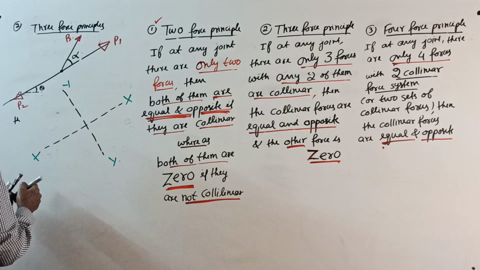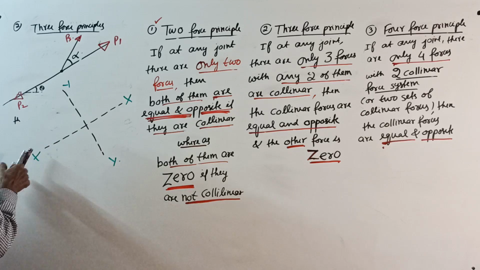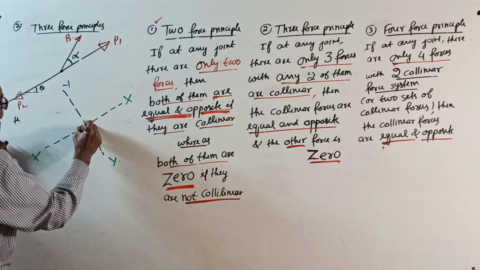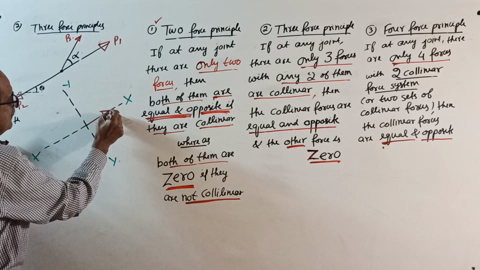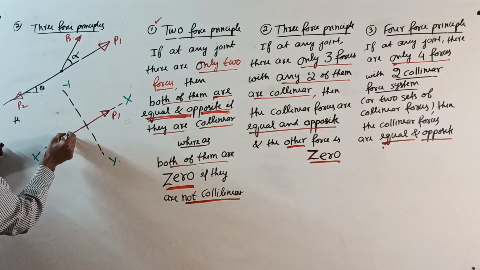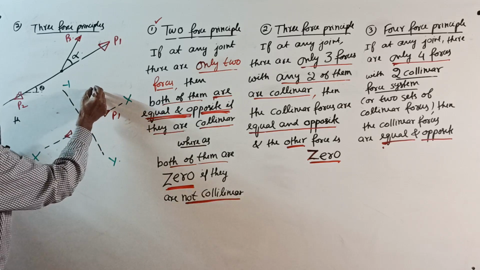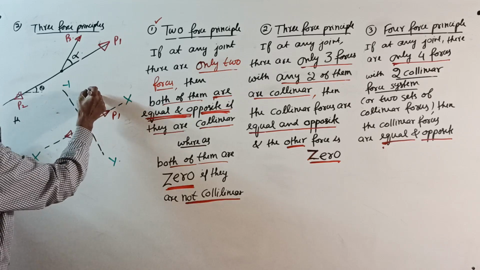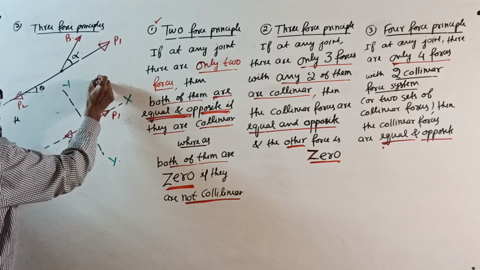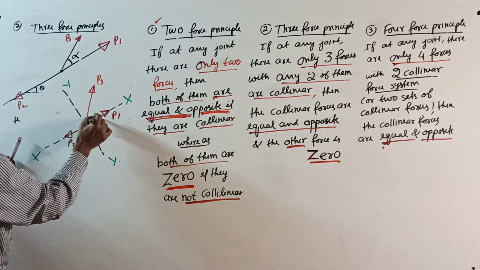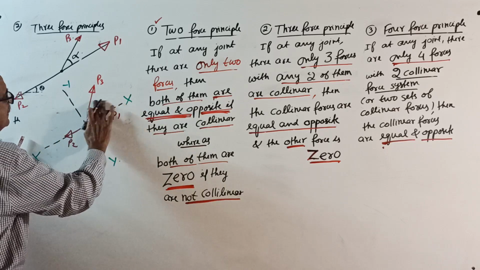Now see here, your P1 is like this, P2 is like this, I assume this way. And P3 at any angle. This is P3.